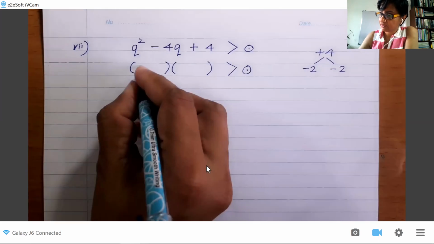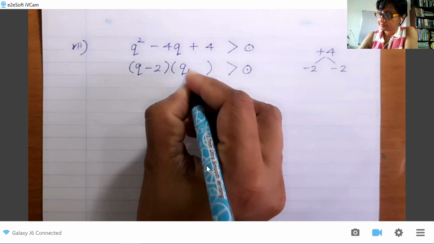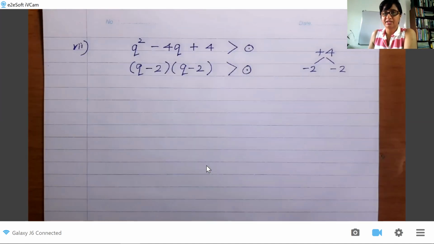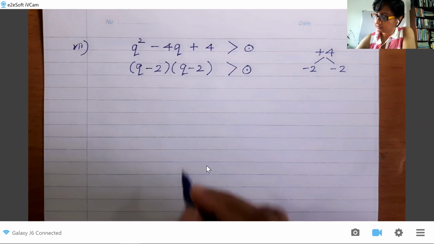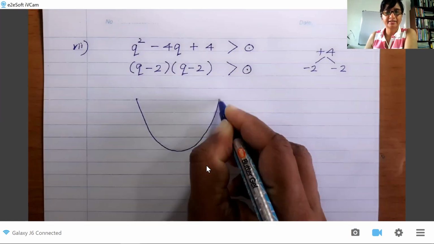So you have q minus 2, q minus 2. Repeated in terms of solutions, repeated solutions, right? In terms of roots in the graph, it's just 1. It's touching at 2. So your parabola, I'm going to sketch it now, is like that.